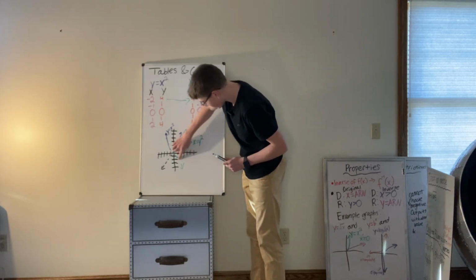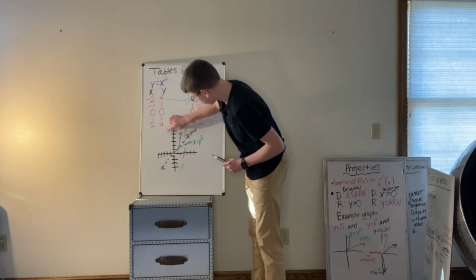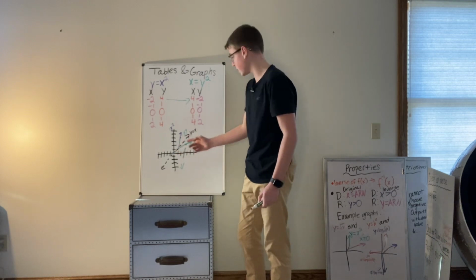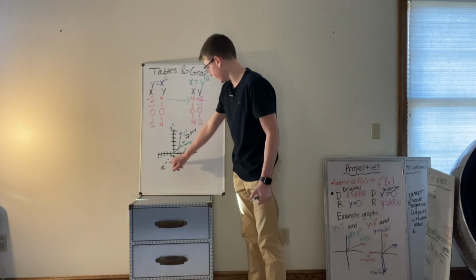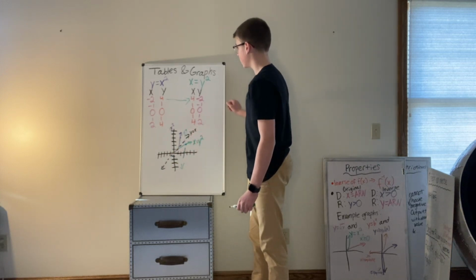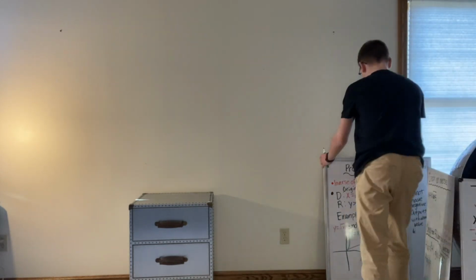So you'll erase one of these if you want it to stay a function, and then shaboom. You have a function now that is the inverse. And as you can see, this is reflected over the line y equals x. Let's keep going with them.